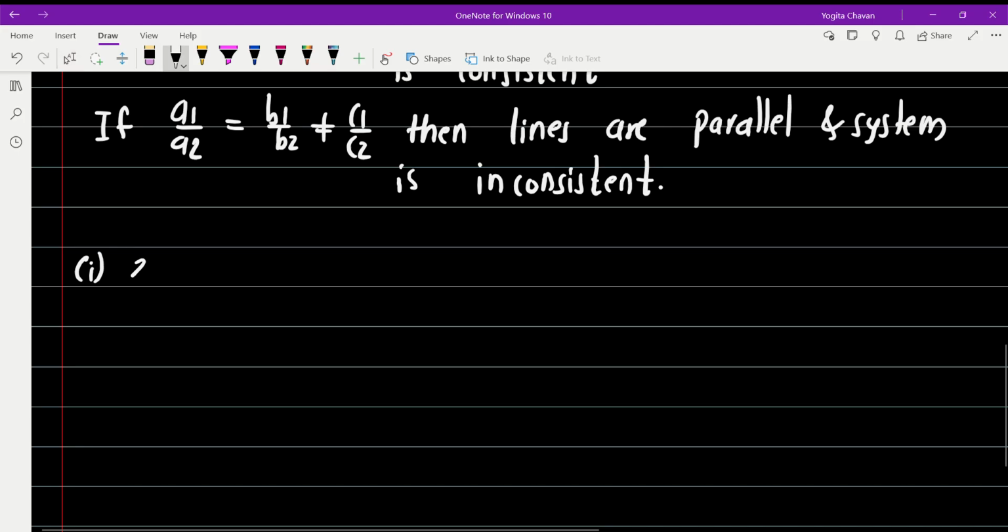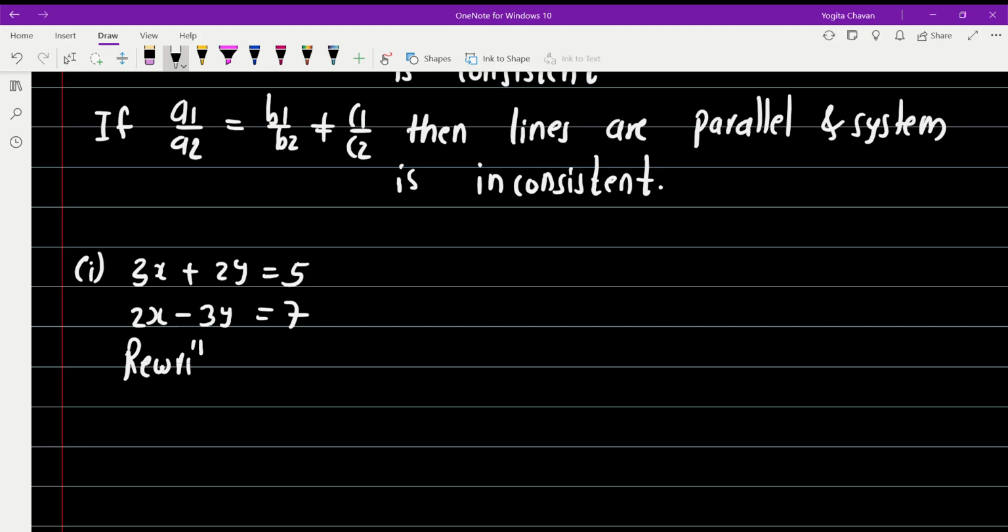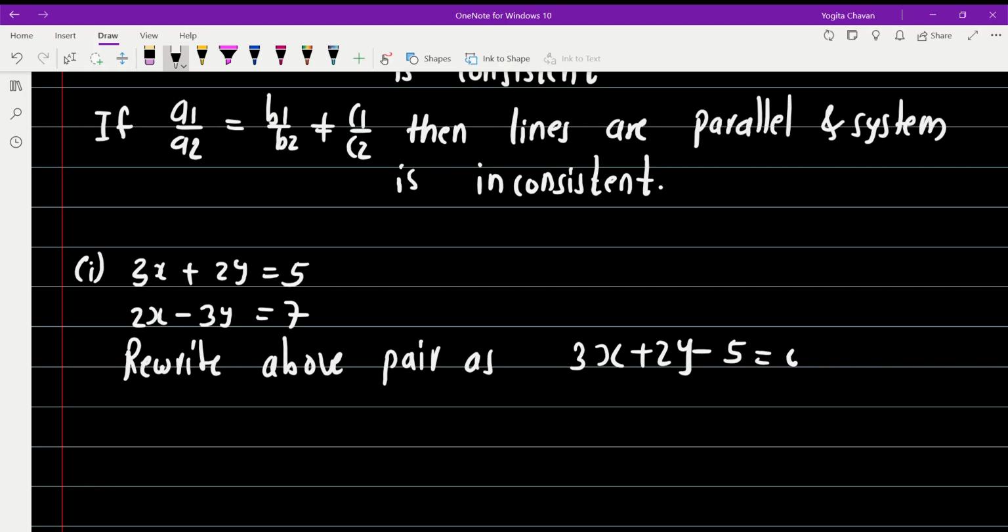First equation. It is 3x plus 2y is equal to 5, and then 2x minus 3y is equal to 7. Now rewrite above pair as 3x plus 2y minus 5 is equal to 0, and 2x minus 3y minus 7 equal to 0.